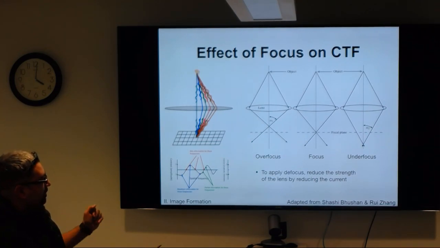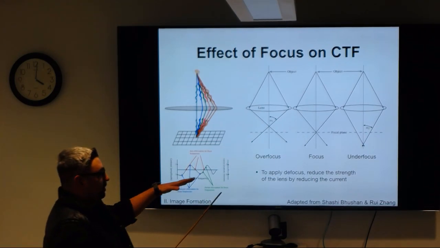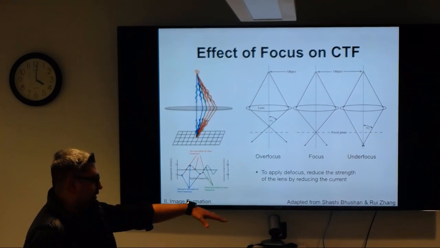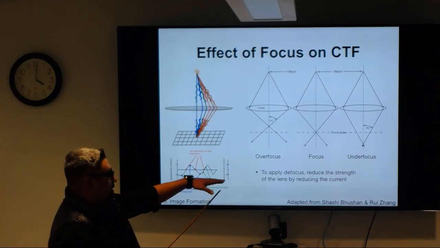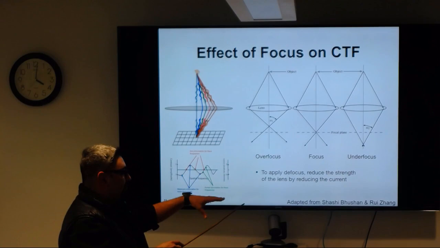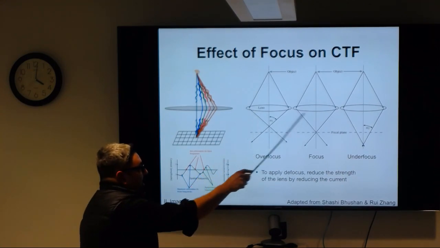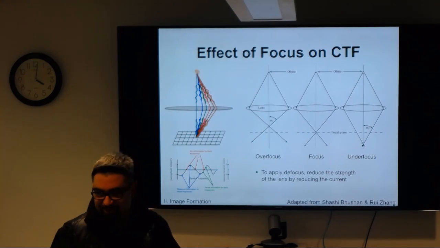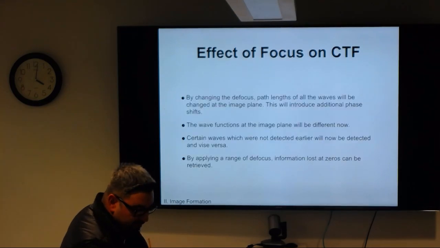So these three states of the microscope: the over focus state, and under focus. To apply the defocus, you reduce the strength of the lens by reducing the current, which changes this angle. So these are the three states of the microscope.